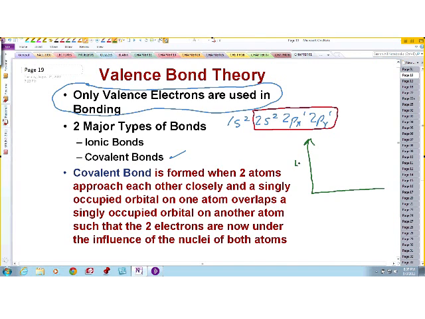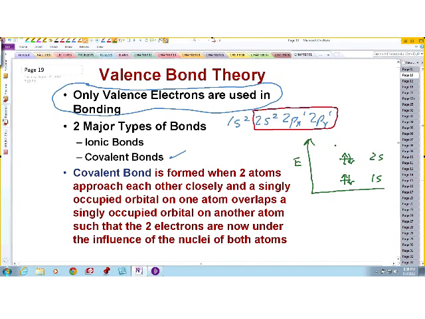With energy here, we have the 1s orbital with 2 electrons. Then we have the 2s orbital, also with 2 electrons.